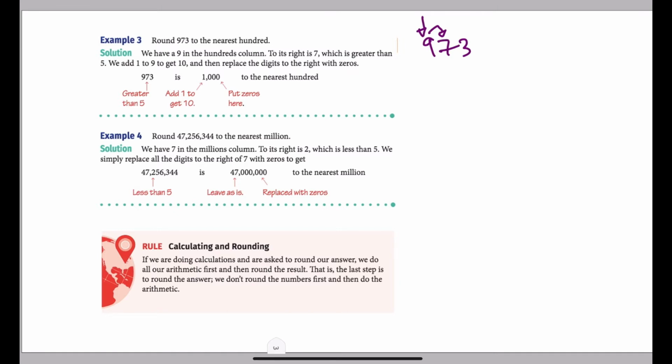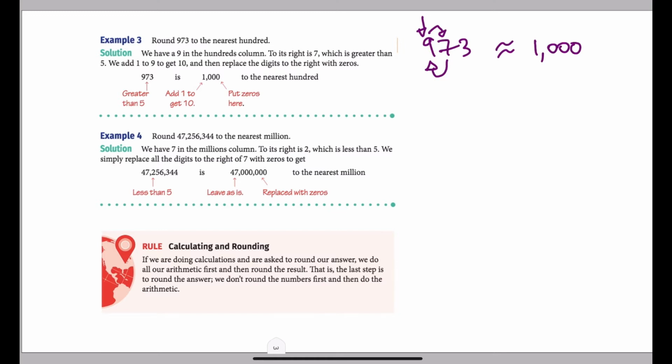It's one of the big numbers. So it's actually going to push my hundreds up. Well, 9 goes to a 10. And where does that 1 go? It goes into the thousands place. So this rounds to 1,000. And now because I have something in the thousands, I need the comma. You might be able to recognize it without the comma, but that's the habit we want to be in.